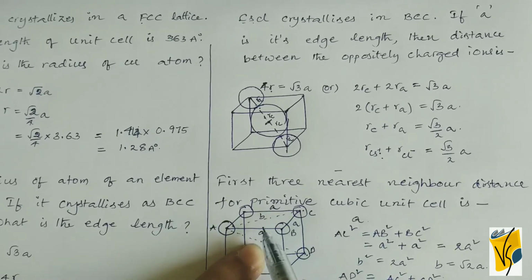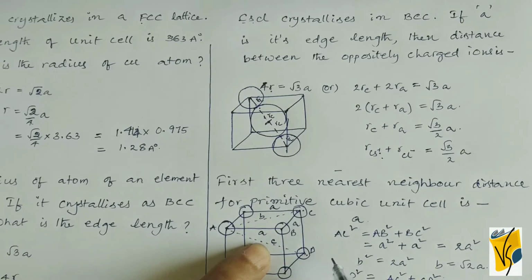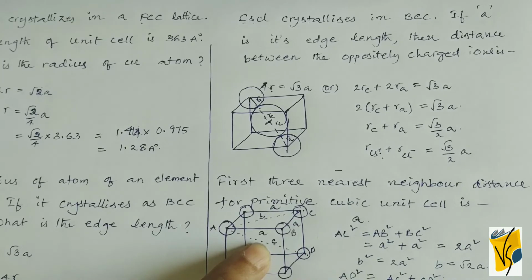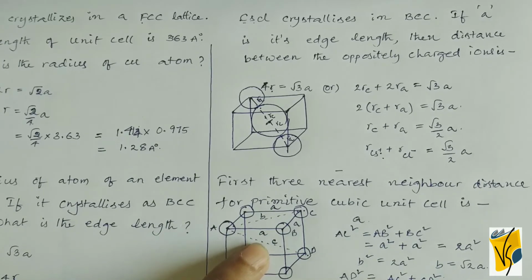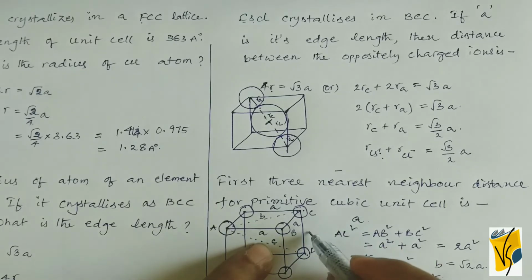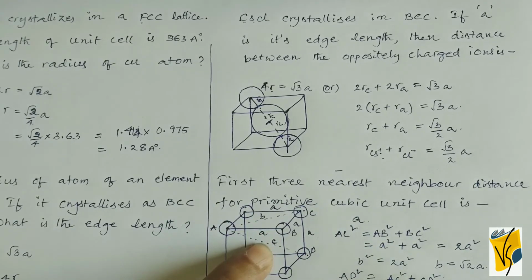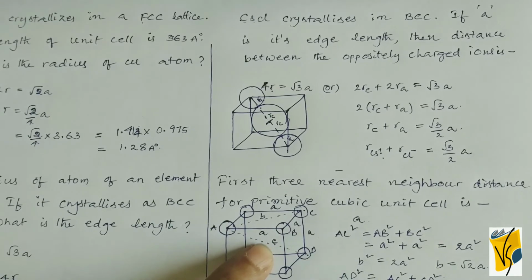So in right angle triangle ADC, AD square is equal to CD square plus AC square. So what is AC? AC is nothing but B. CD is again equal to the edge length, so that is equal to A square, right?